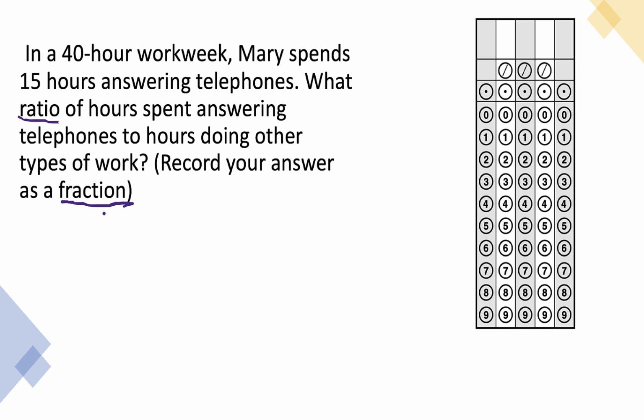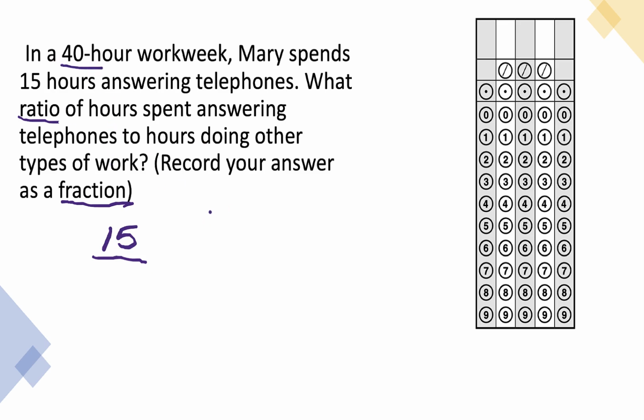They'll tell you how they want your answer. Now, because it's a ratio, we all know a ratio is a fraction, and they want a ratio of hours spent answering the telephone, which was 15, to the hours doing other types of work.